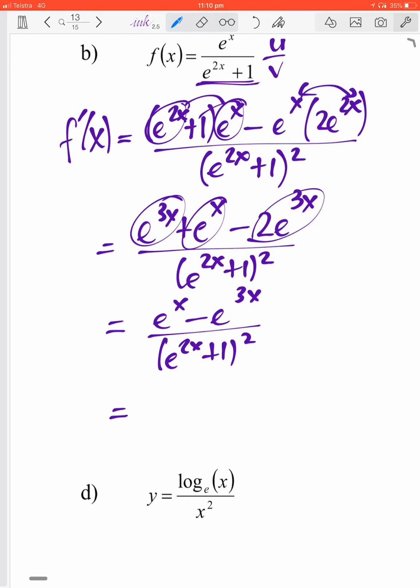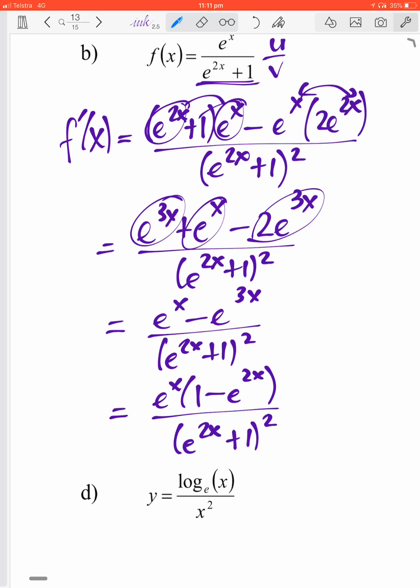If we wanted to, we could take out e to the x as a common factor. So 1 minus e to the 2x, on (e to the 2x plus 1) squared. So that's our derivative.